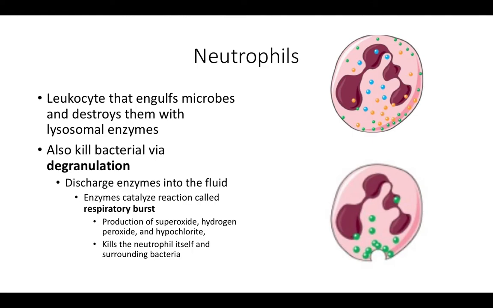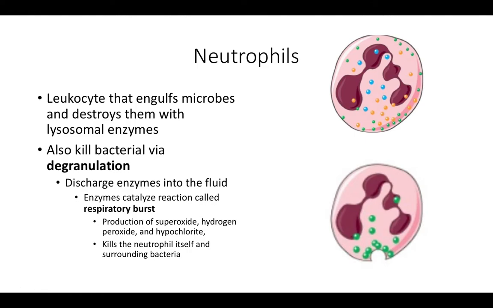And if you remember back probably the week before spring break, we talked a little bit about degranulation, but basically what happens is they have all of these enzymes floating around in their fluid, and when they degranulate, they push the enzymes to the surface of the cell to be expelled into the extracellular fluid.